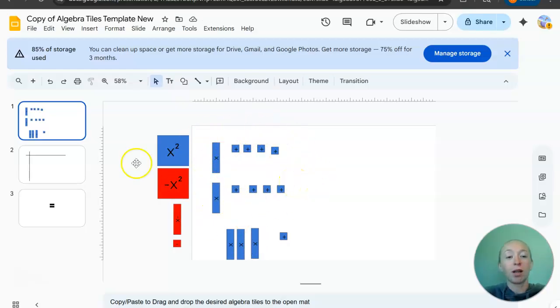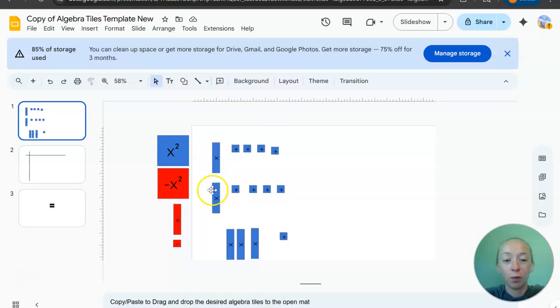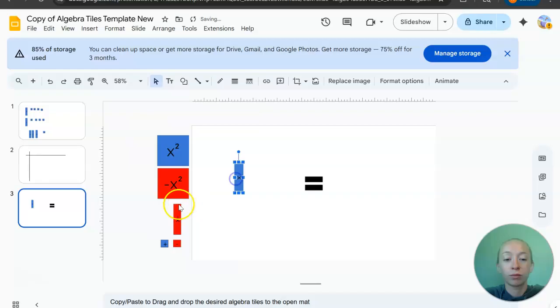Now, when we add those all up, come down here, and we had how many x's? 1, 2. So 2x.